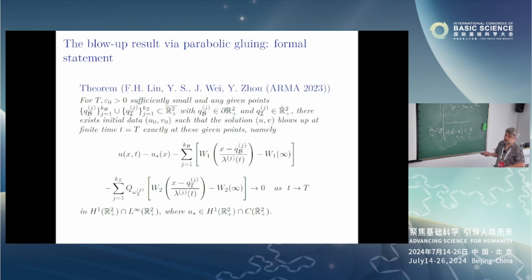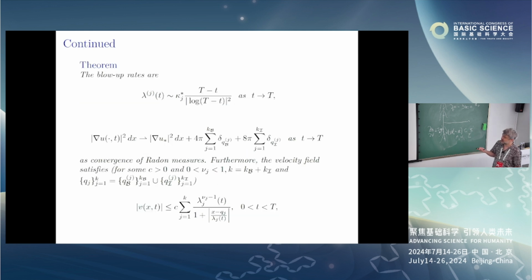W1 and W2 are also bubbles, okay? The rates are what they expect. This is the harmonic map heat flow part, which is blowing up. And here the statement and the construction are more complicated because of the interaction between inside and the boundary.